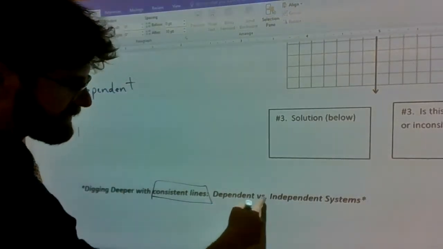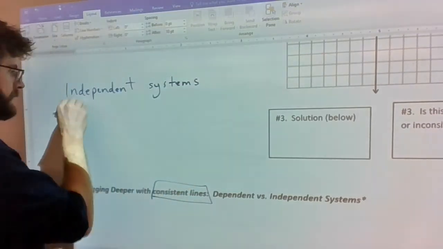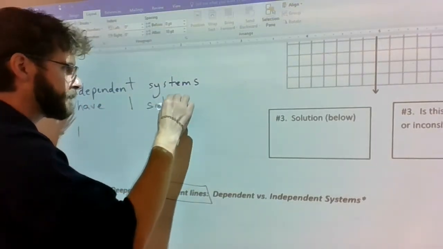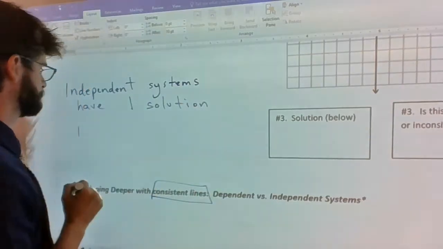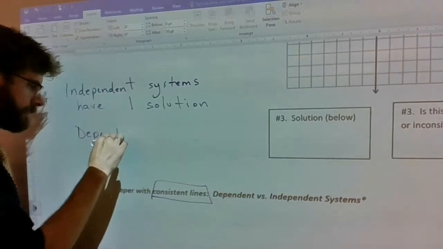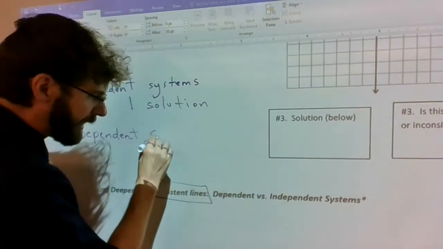So independent systems have one solution. Dependent systems have infinitely many solutions?